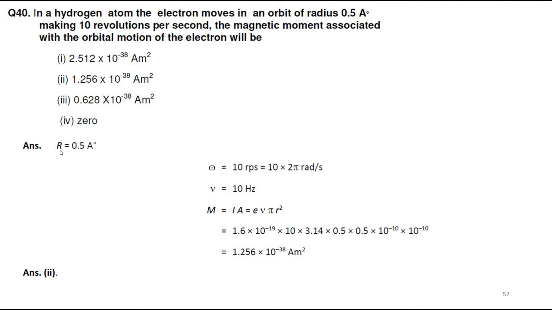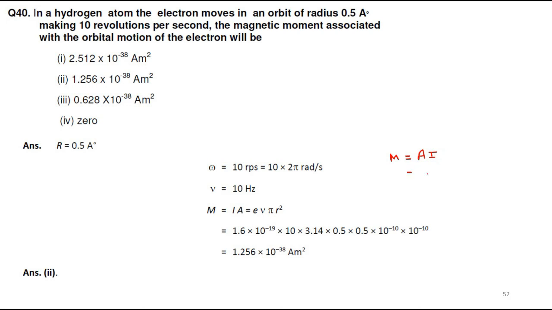It is given that the radius of the orbit is 0.5 angstrom. So we have this formula for magnetic moment. The magnetic moment of a current carrying coil is area into current, where I is the current in the coil.